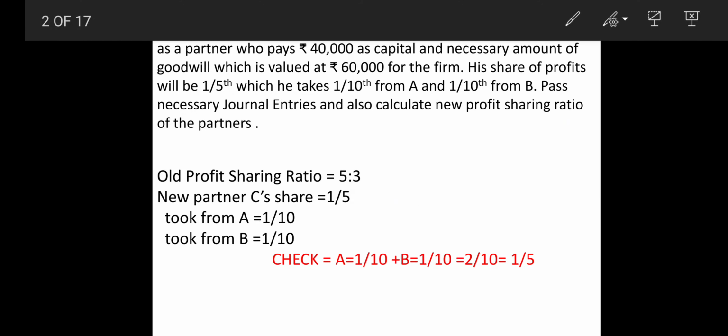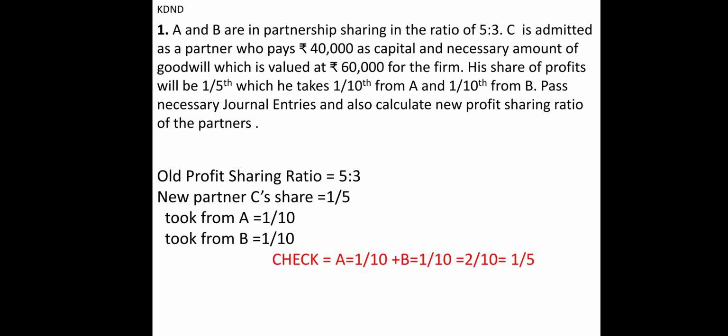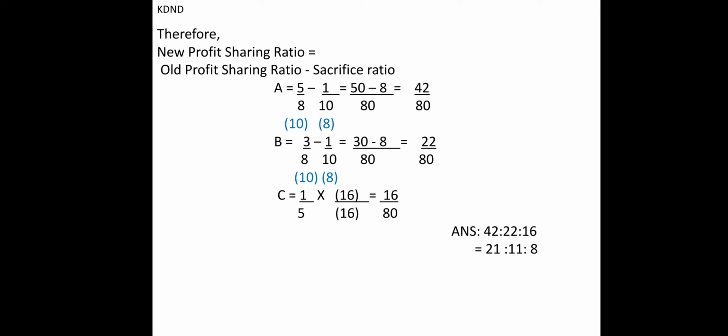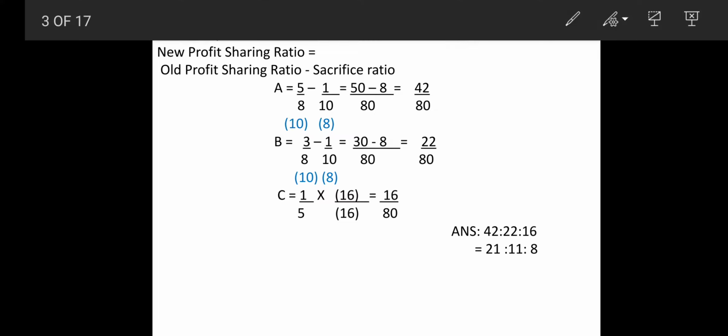New profit sharing ratio is equal to old profit sharing ratio minus sacrificing ratio. So old ratio is 5/8 minus 1/10, then 3/8 minus 1/10, and 1/5.